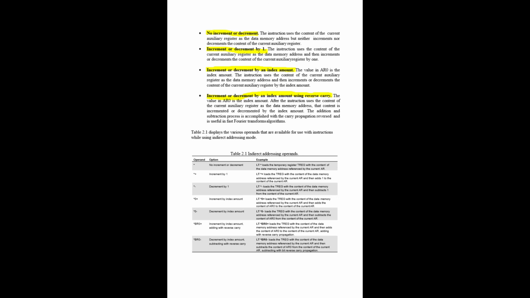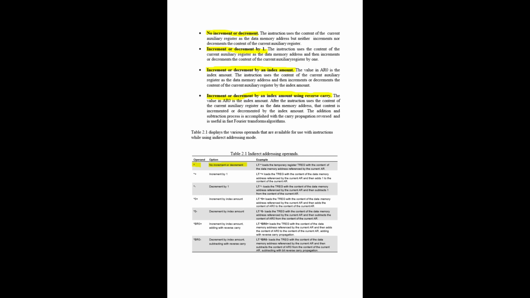Star means you are not going to do any increment of the auxiliary register. Just you're going to take the current auxiliary register. For example, let us take the same example again. Only star is there in the instruction. No increment or decrement. That means take the value from the current auxiliary register, it may be AR0, AR1, anything, and do addition. That is normal addition, but you are not going to do any increment or decrement.